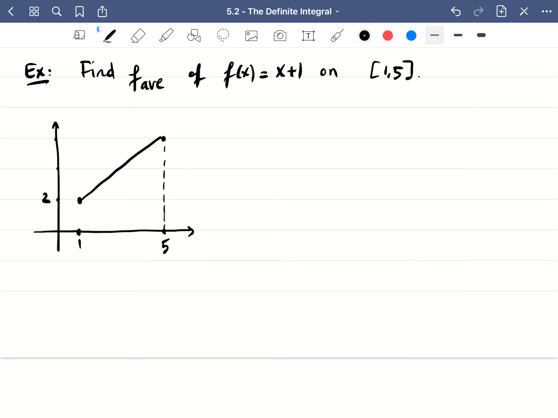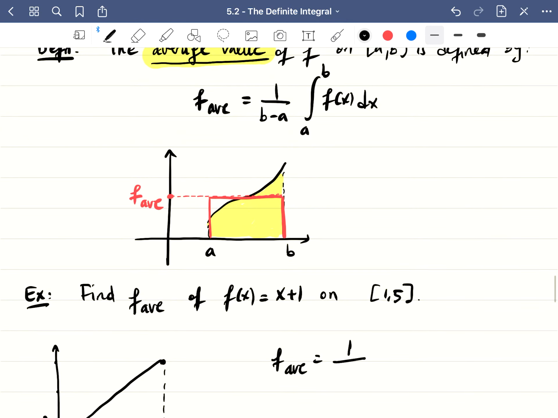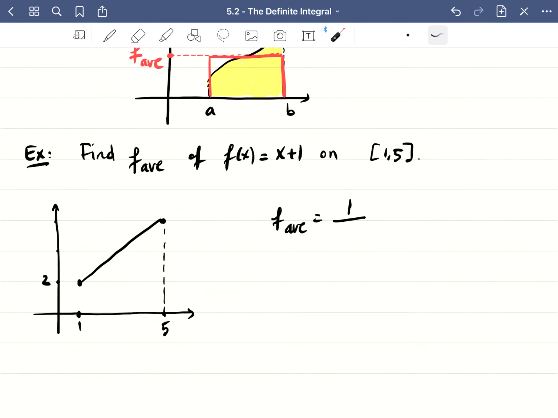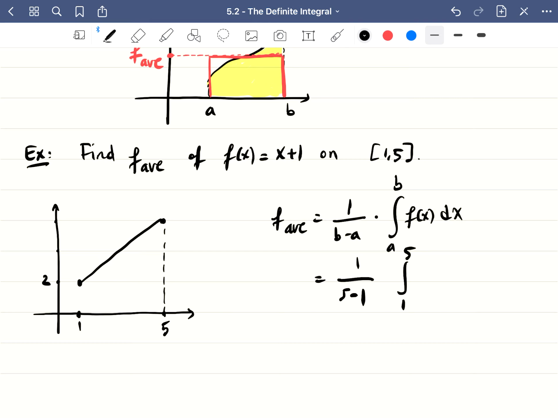Okay, so the value that we're looking for, the average value, by definition should be 1 over b minus a times the integral from a to b of the function. This is the definition right here. So this is equal to 1 over 5 minus 1 times the integral from 1 to 5 of x plus 1 dx.